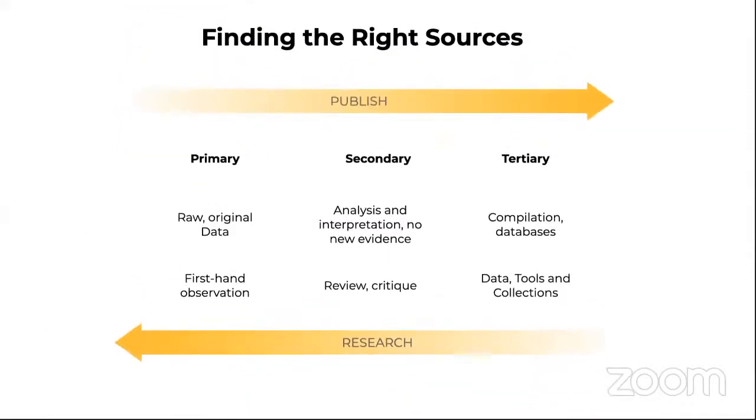Now, when people publish, they typically publish from primary data that they have collected, and that is the raw data, the firsthand observation that they have themselves collected. In many cases, you are not going to be the person that generates that primary data, because so much data is already available.